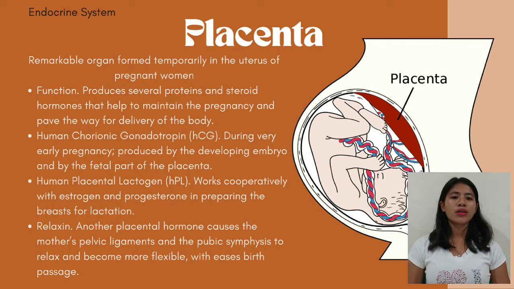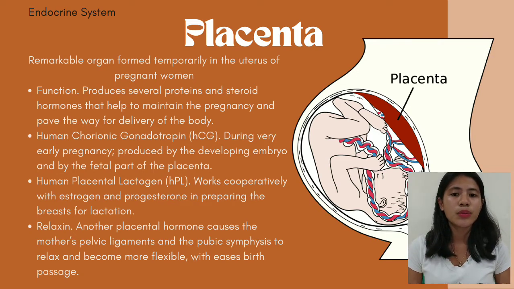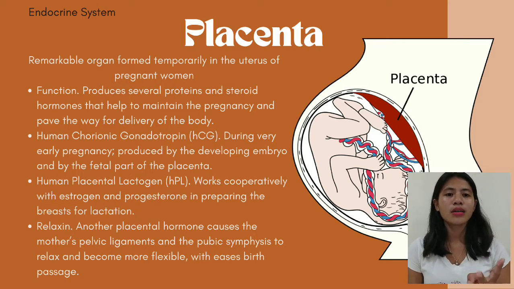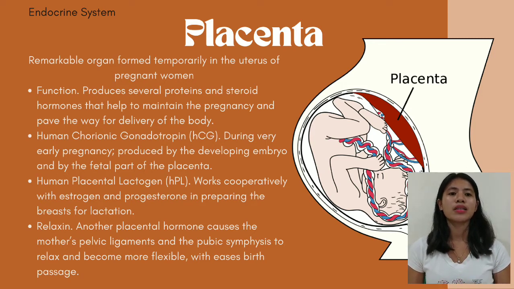So the human chorionic gonadotropin or the HCG, during very early pregnancy, is produced by the developing embryo and the fetal part of the placenta. And then the human placental lactogen or the HPL works cooperatively with the estrogen and progesterone in preparing the breast for lactation. So yung dalawang hormones na pinoproduce ng ovaries will prepare for the breast lactation.